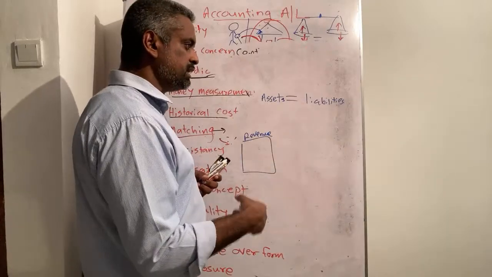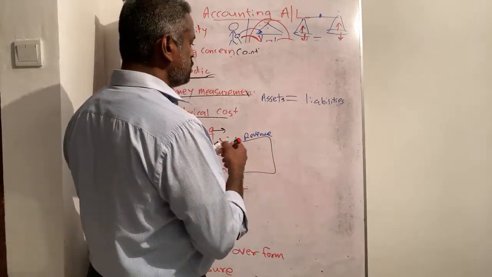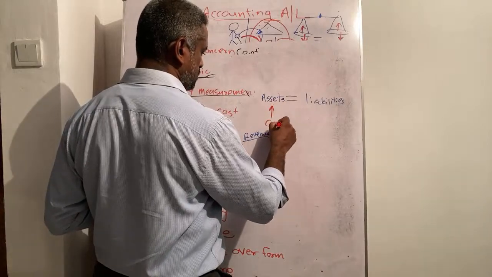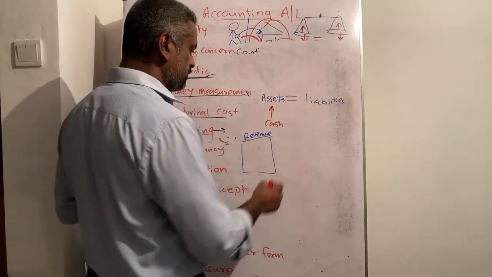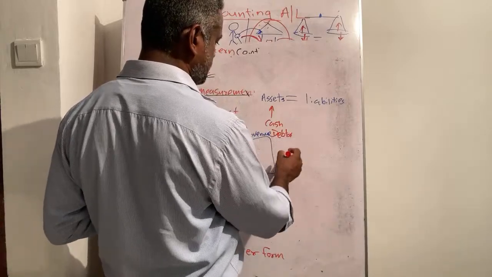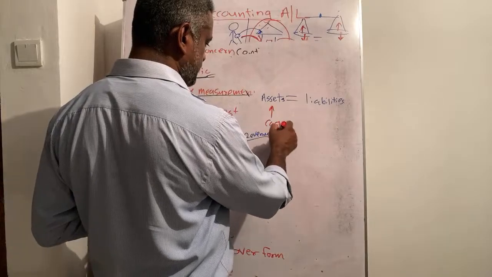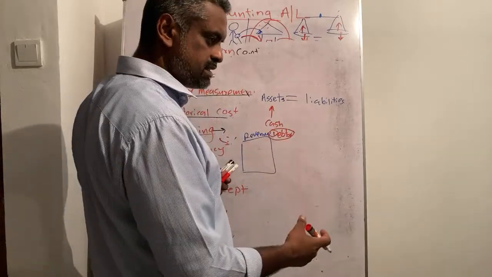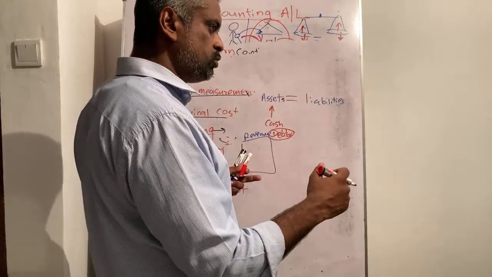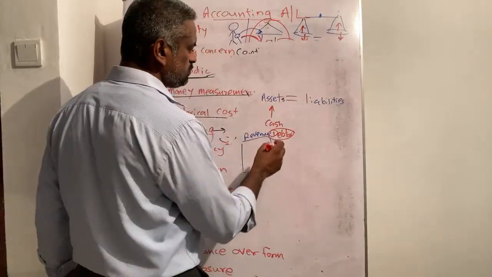Your asset goes up as cash, or as a debtor, in the sense that you have not realized it in cash, but you have that asset, the debtor, that particular person's liability to pay to you, right?